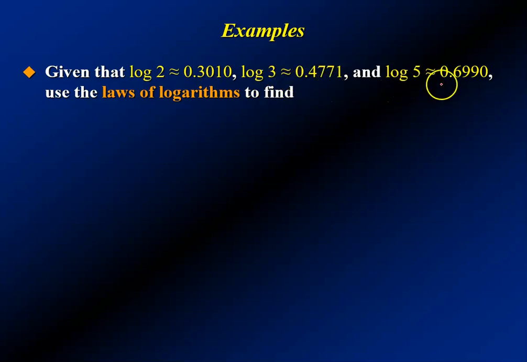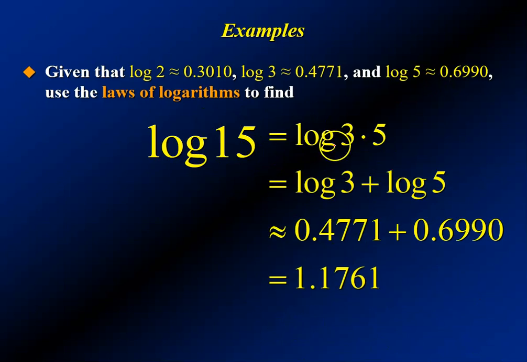Logarithm of 5 is equal to 0.6990. If you have your calculator with you, you can try what is log 15. When we factor, the given values are just log 3, log 2, and logarithm of 5. So we can factor 15 into 3 times 5, so that we have the given logarithms.